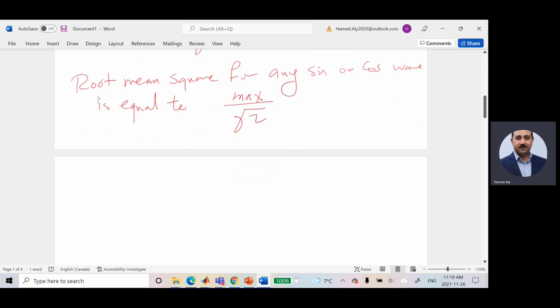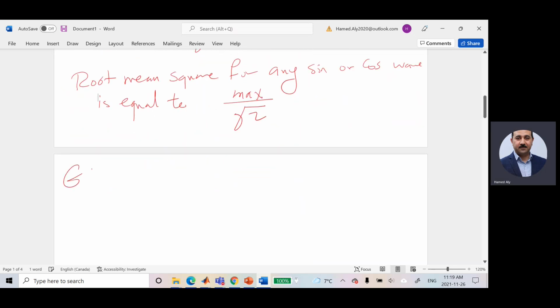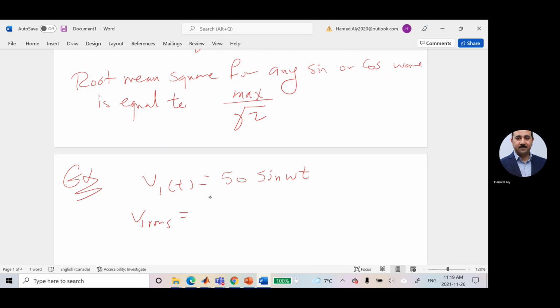Now, imagine, for example, I have V1 of t equal to 50 sine omega t. What is V1 RMS? This is the RMS value. You will realize afterwards that this has angle 0, and this is what I am going to talk about next class.